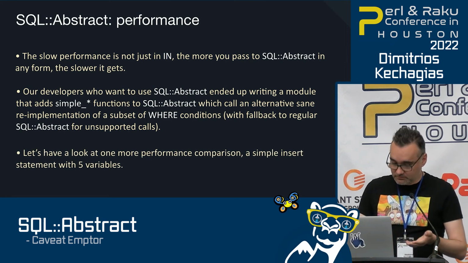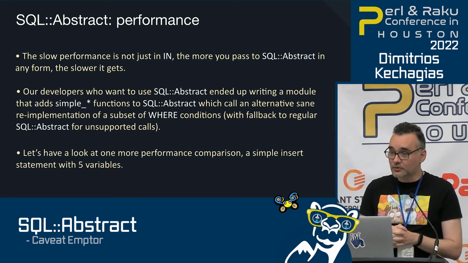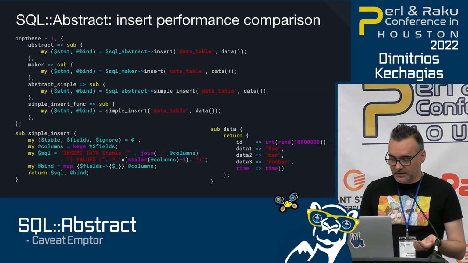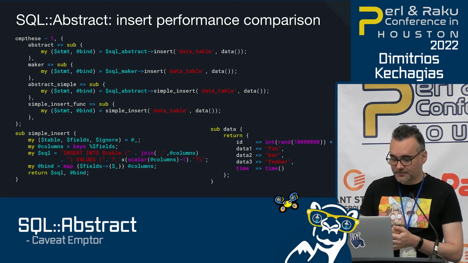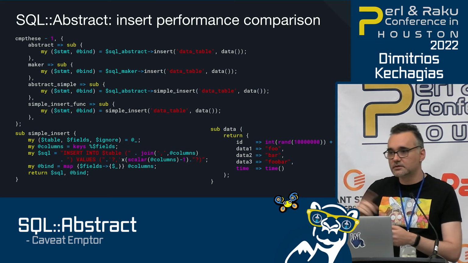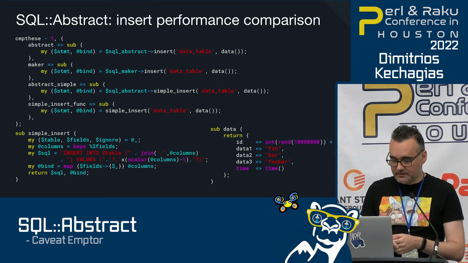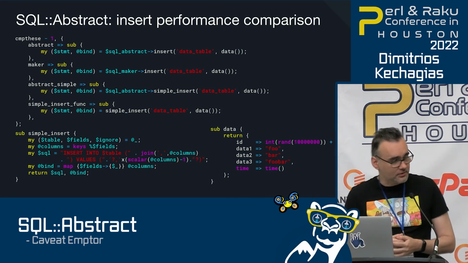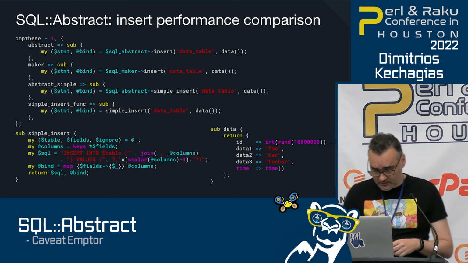And so to end, let's have a look at one more performance comparison. Just a simple insert with five variables. And I will compare SQL Abstract, SQL Maker, SQL Abstract with a simple thing that we use, which goes to a different path, and this function here, which is a simple function you could whip up in a minute.